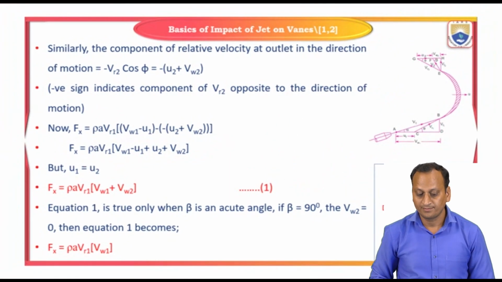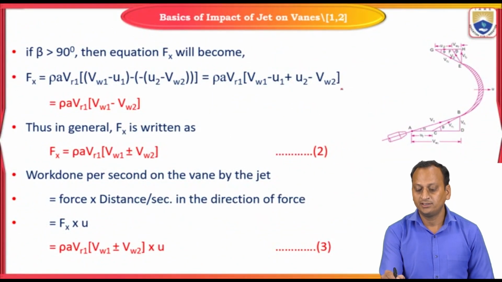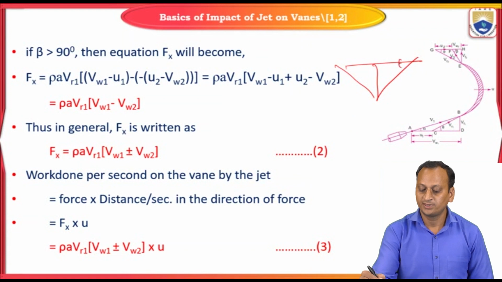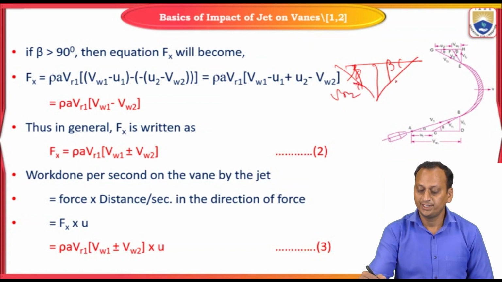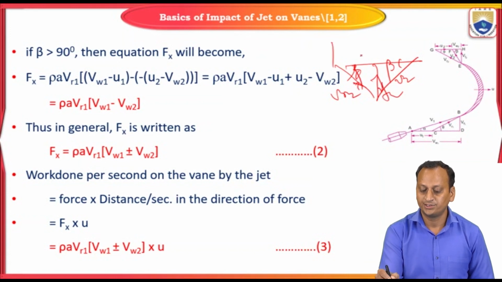Other than this, if beta is greater than 90, then the velocity triangle will be drawn like this. This becomes beta, and whenever it is greater than 90, this is phi. In this case, again this is VR2 only. VF2 is always perpendicular, and this is U2 and this is VW2.